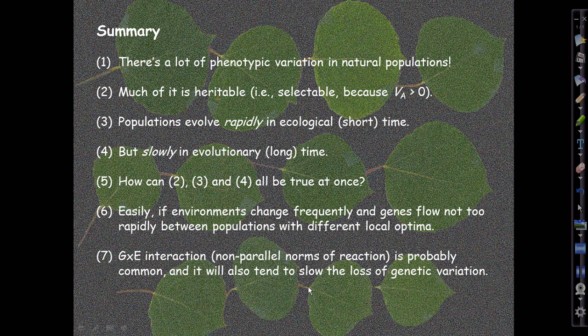And it will also tend to slow the loss of genetic variation because the different genotypes are responding differently under different conditions and so on. And that may well also be one of the reasons why there's so much standing variation for most quantitative traits most of the time. Okay, so that's enough of that.